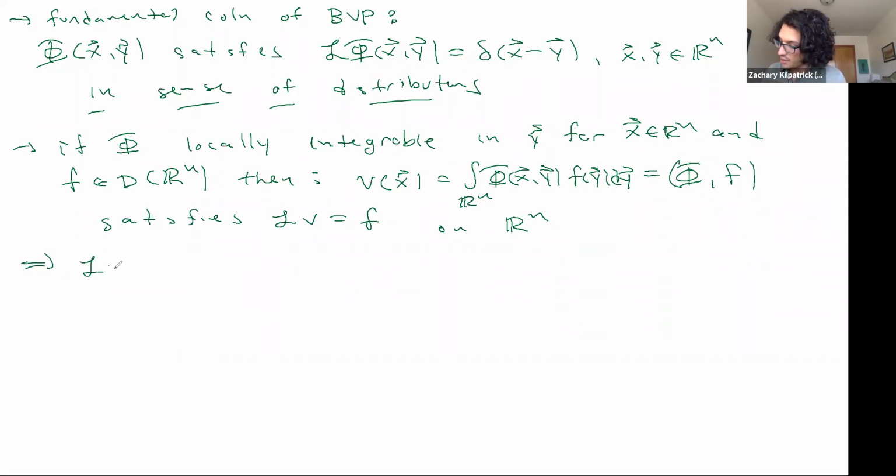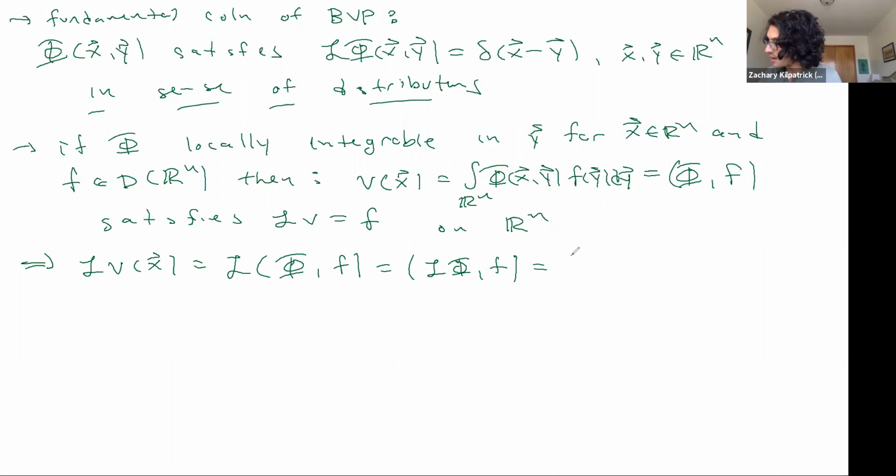So Lv of x is equal to L acting on Phi against f. This is equal to L acting on Phi against f, using the properties of differentiation of distributions. We know that L acting on Phi is going to give us delta(x minus y), and here we'll use our dummy variable as f of y.